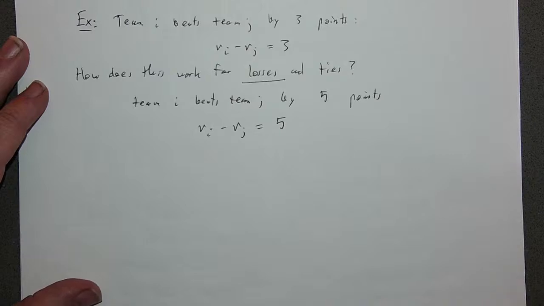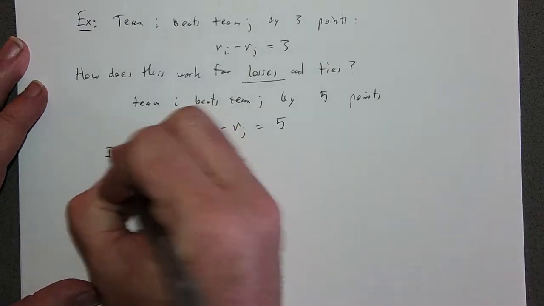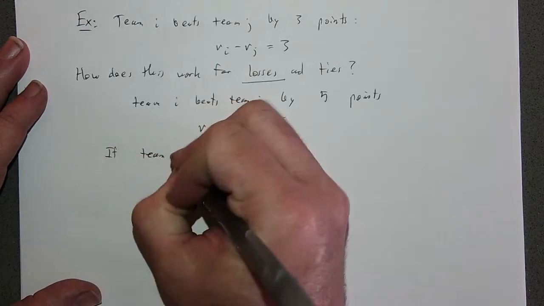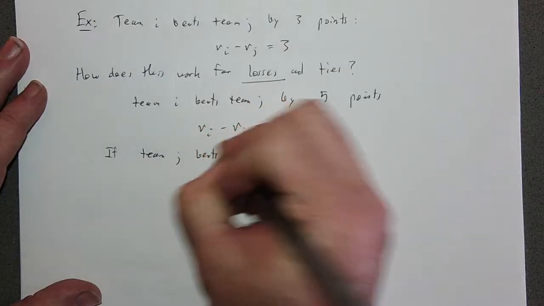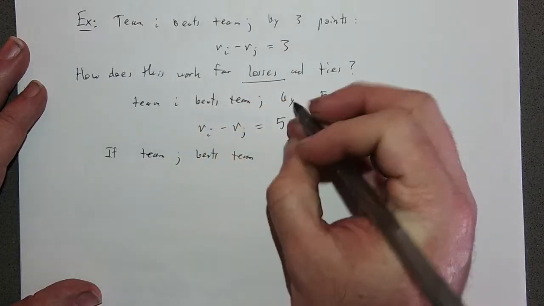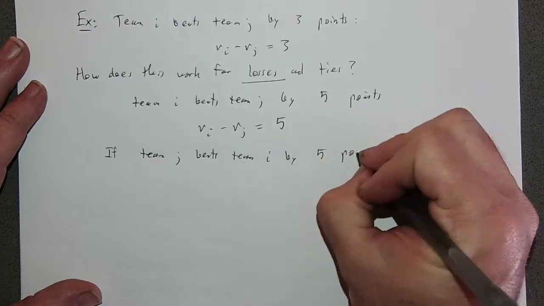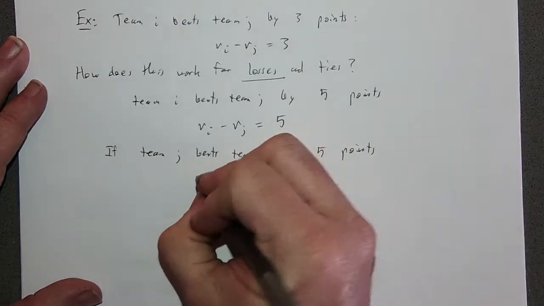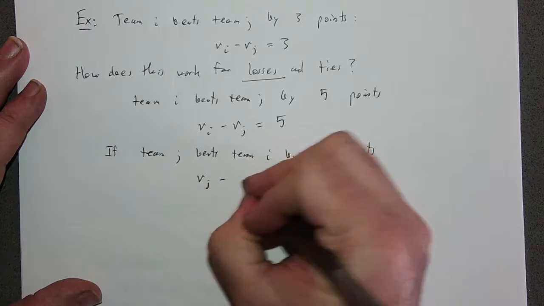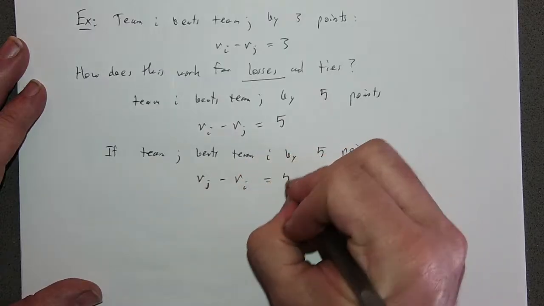If, say, Team J beats Team I by 5 points, you would write this as R sub J minus R sub I is equal to 5.